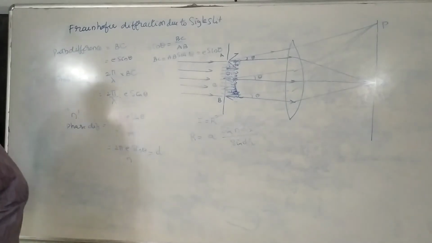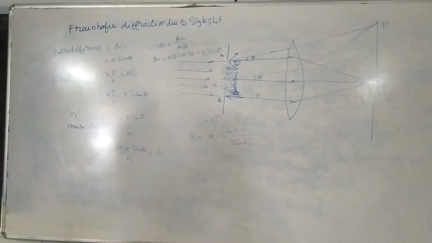Am I right? Wait, what is A? A is the amplitude due to the single wave, small d is the phase difference between two consecutive waves, and n is the number of waves passing through the slit.